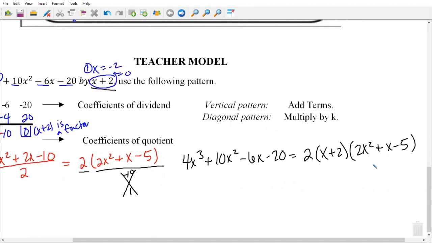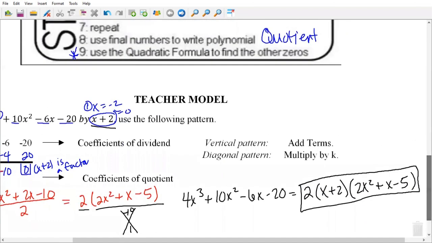On your classwork practice, it's going to want you to fully factor. So you factor till you can't factor no more. And I can't factor anymore. If I was to solve this, that means I take each factor and set it equal to 0. And that's why step 9 says you would have to use the quadratic formula to solve for all other zeros.